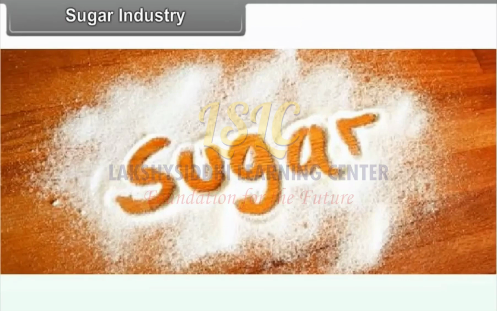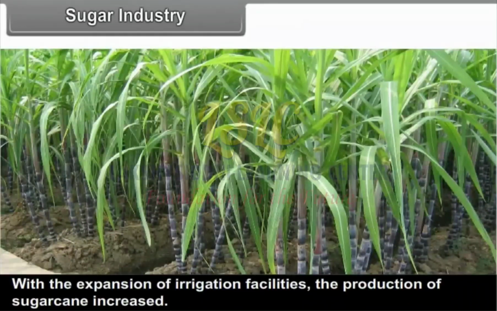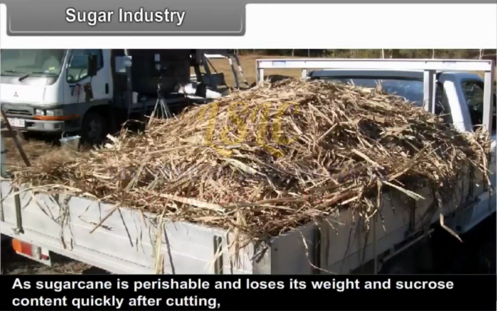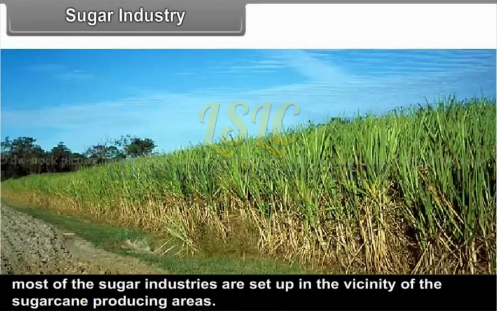5.1.2 Sugar industry. With the expansion of irrigation facilities, the production of sugarcane increased. As sugarcane is perishable and loses its weight and sucrose content quickly after cutting, most of the sugar industries are set up in the vicinity of the sugarcane producing areas.